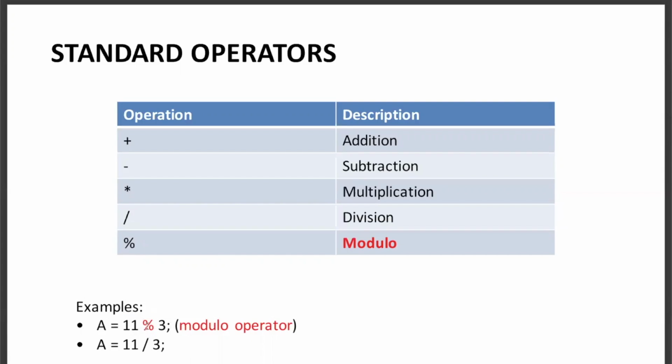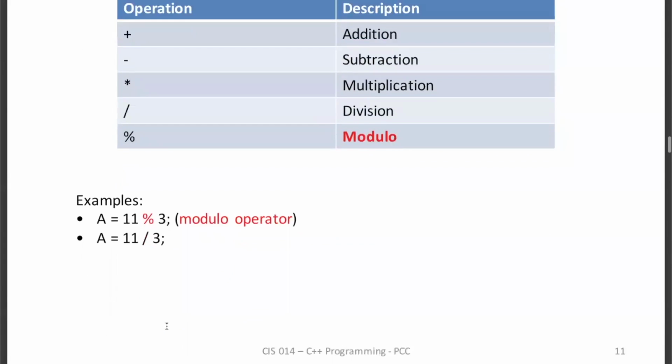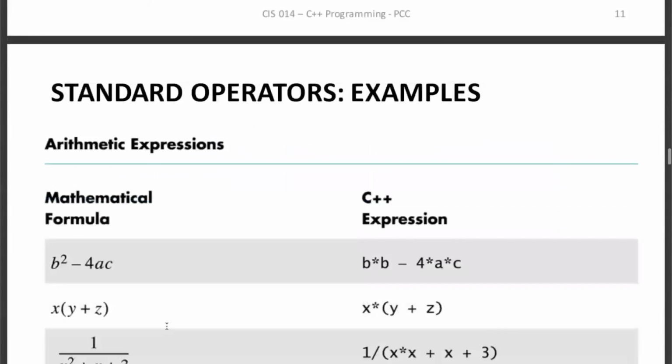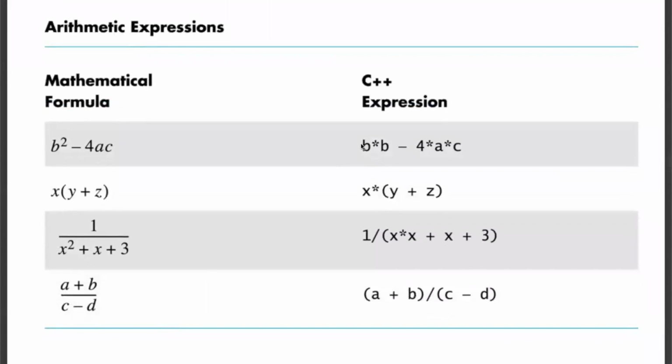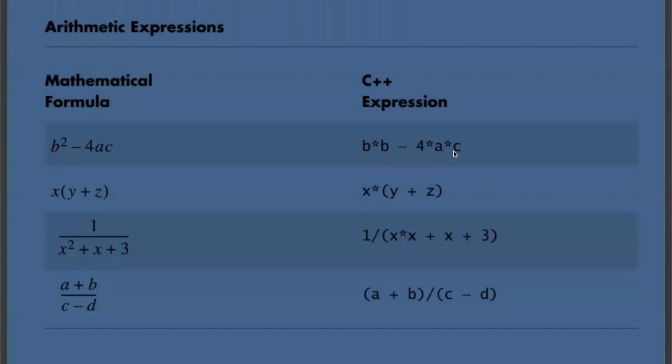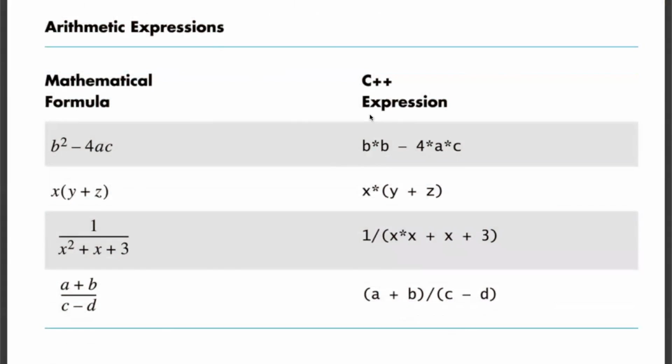So in that case, if the remainder is 0, that means the numerator is completely divisible by the denominator. Okay, so that's that. How would you be able to express this? You should be able to write this up in C or C++ and see if you can get the desired result.